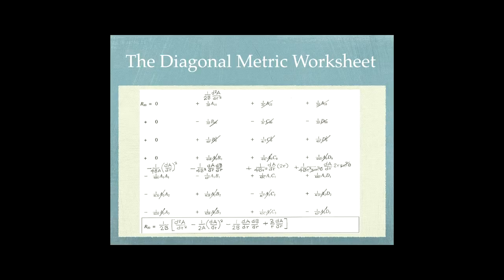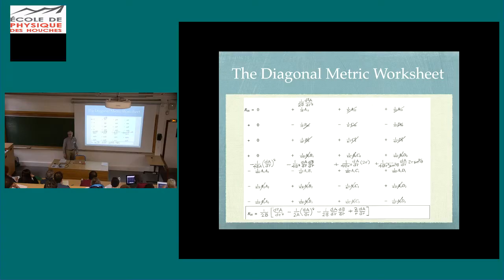And so the way I would do it in this particular case is that I know what C and D are. It's r squared and r squared sine squared theta. And I know that A and B only depend on r. So I go through this thing term by term and I rewrite what they are in hand, and then I can cross out anything that's 0. Why is this 0?